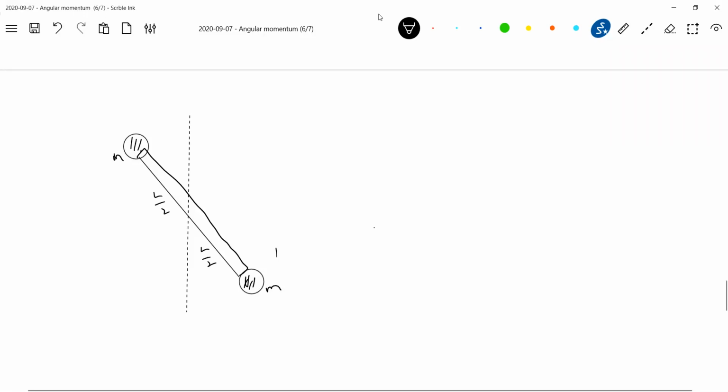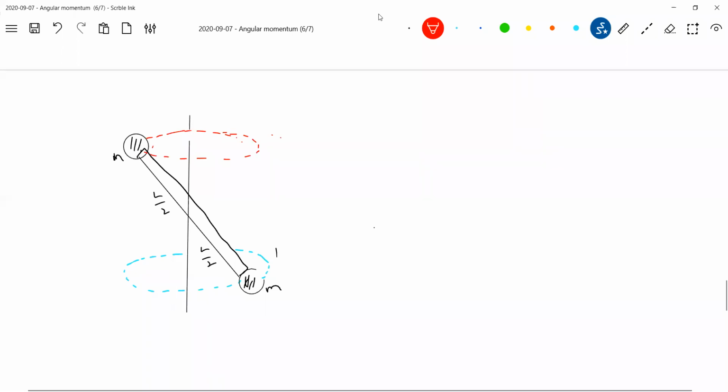I'm going to swing that, and both will describe the same radius. What is the angular momentum of this?